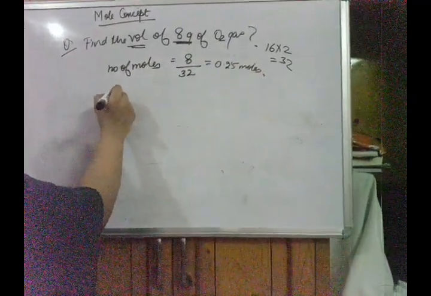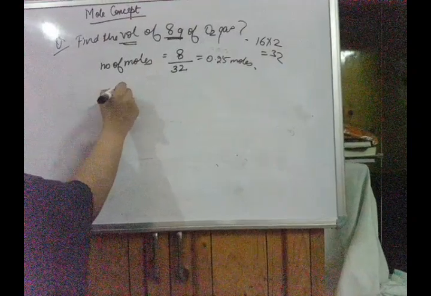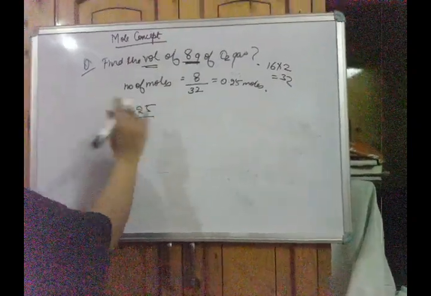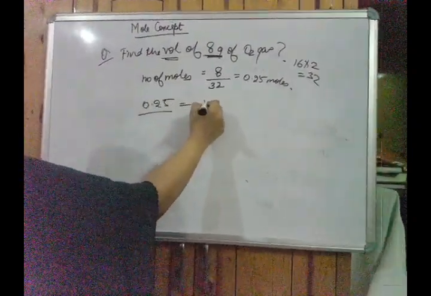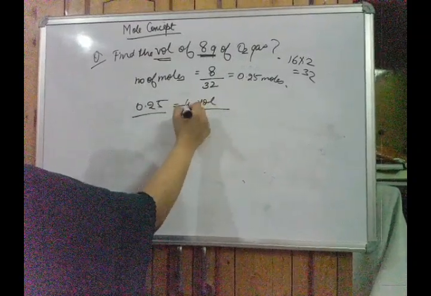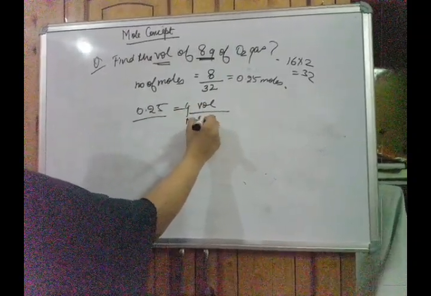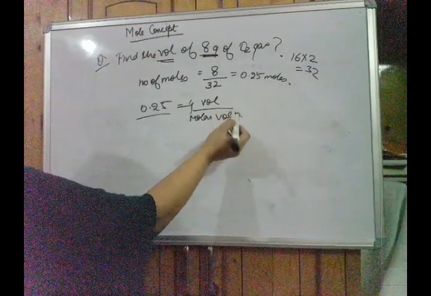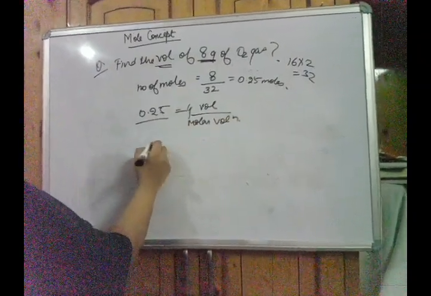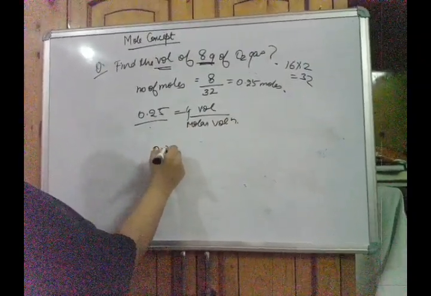Now the number of moles is 0.25. Another formula: volume, which they are asking about, is number of moles times molar volume.